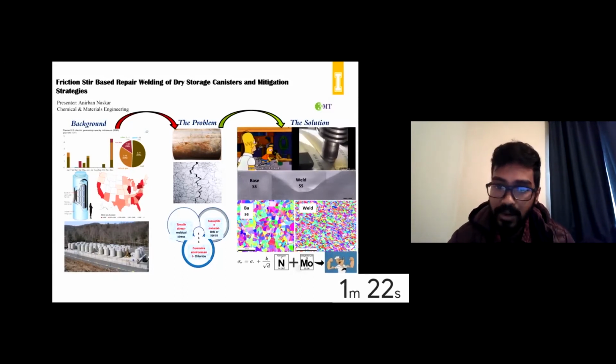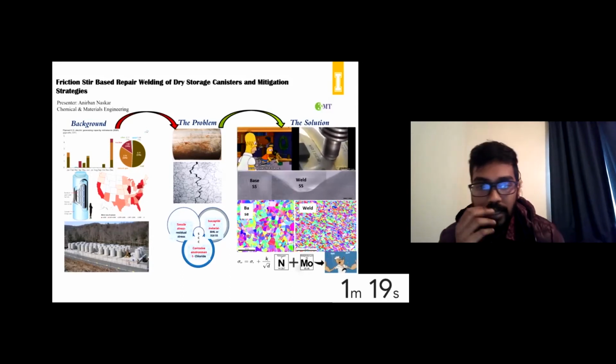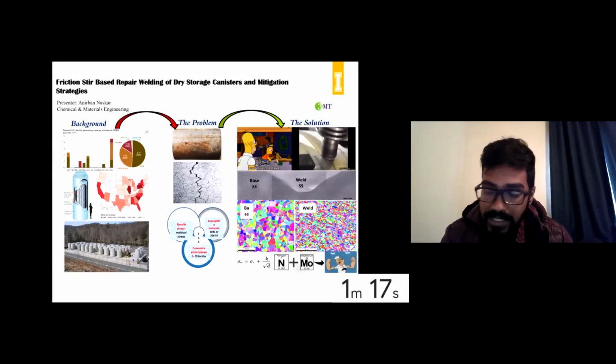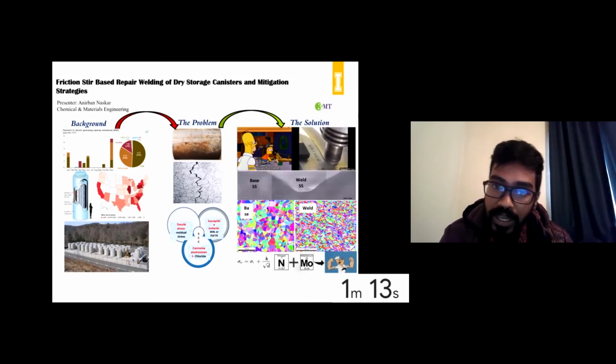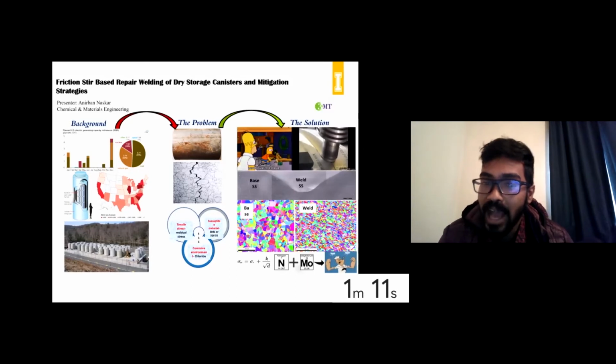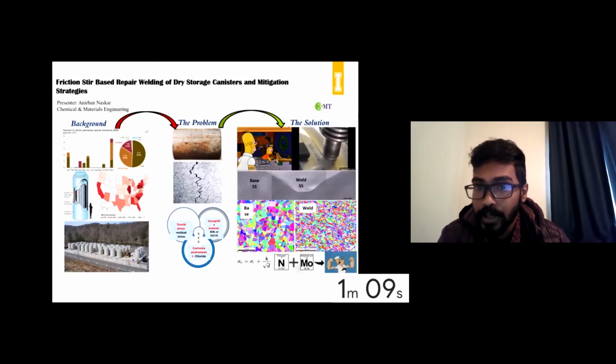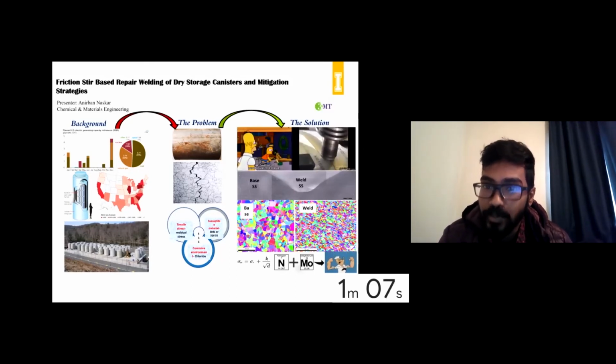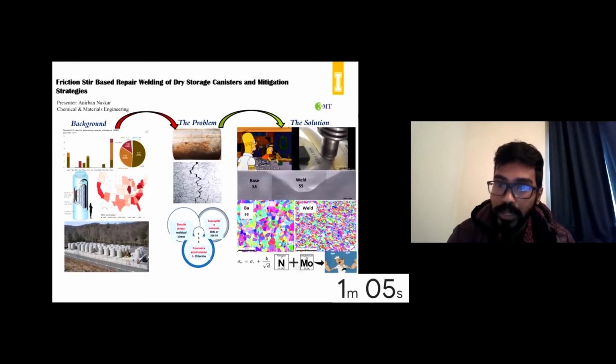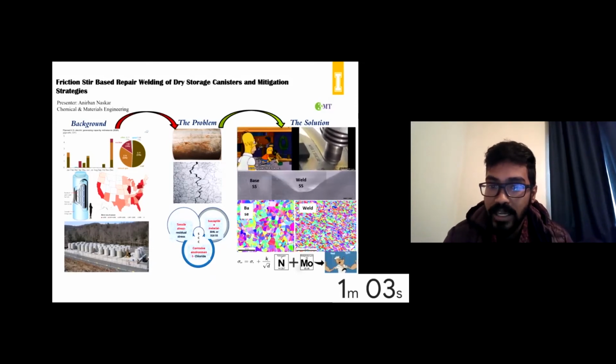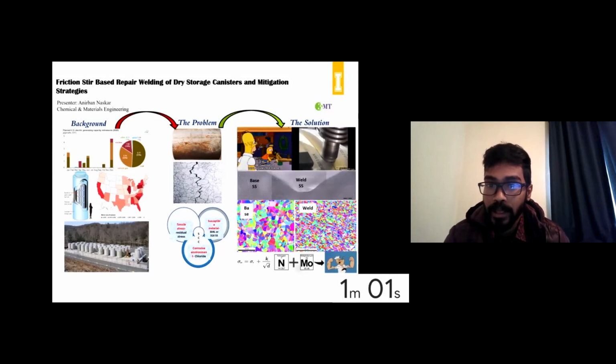When I say repair, the first thing that comes to mind is welding, and when I say welding, the first thing that comes to your mind is a welder holding a welding torch. But in our case, this is not true. We are using a solid state process where a tool rotates and travels simultaneously in order to form a solid joint.